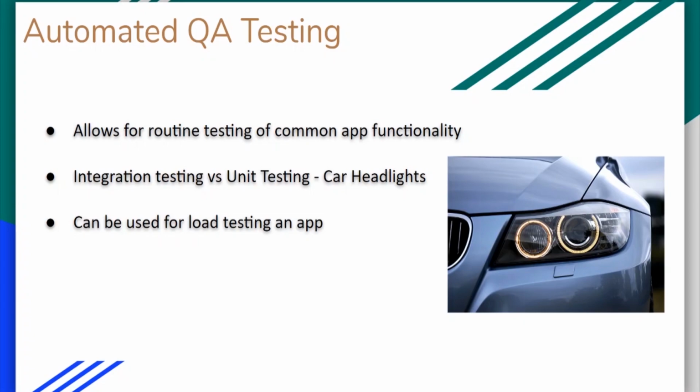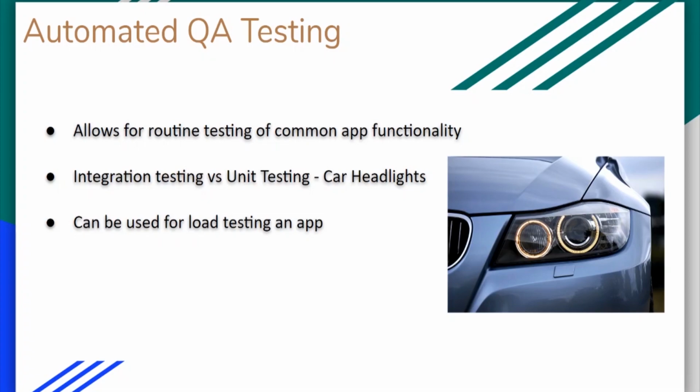One way to think about it, as opposed to unit testing, where you're looking at one small piece of the app and making sure that thing works perfectly: with integration testing, which is what we're doing with Selenium, you're seeing how the whole app works together. In some ways that can be good, in other ways it can be bad. A real world example would be car headlights.